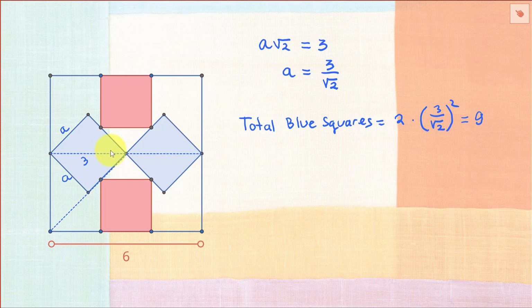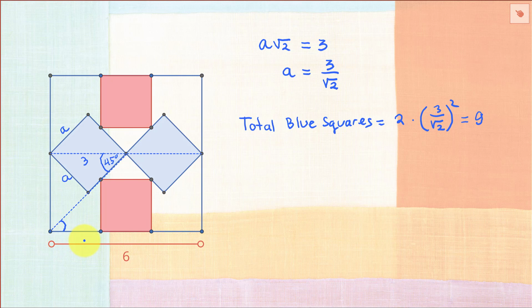Since this angle is a 90-degree angle, this one is 45 degrees. And since this dashed line and this side of the square are parallel to each other, this angle is equal to that angle. Let me indicate it by drawing in this way. So that's also a 45-degree angle.